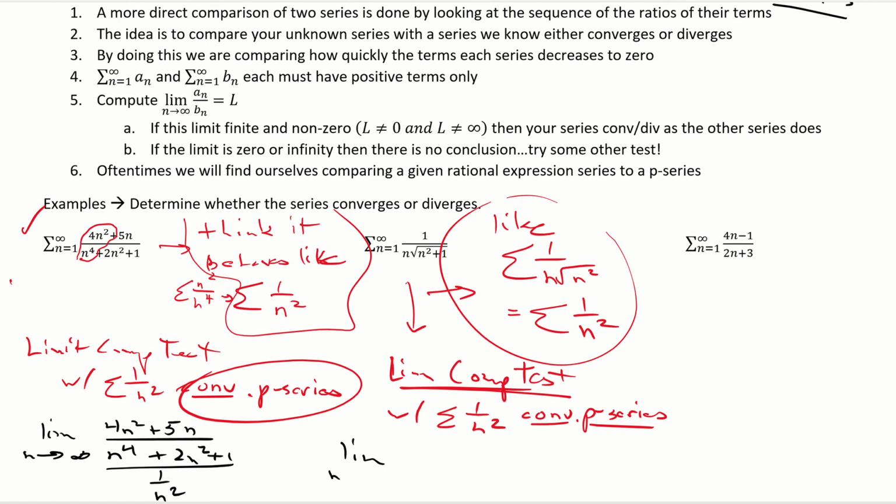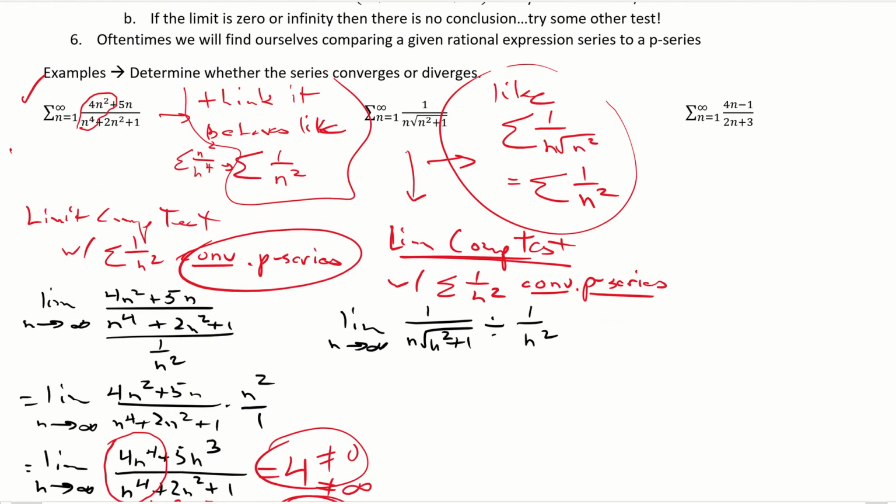Okay, limit as n goes to infinity. Let's see, this is 1 over n square root n squared plus 1, this time written as divided by 1 over n squared, instead of one on top of the other. So once again we are going to invert and multiply, and we get n squared over 1, and we're getting this limit.